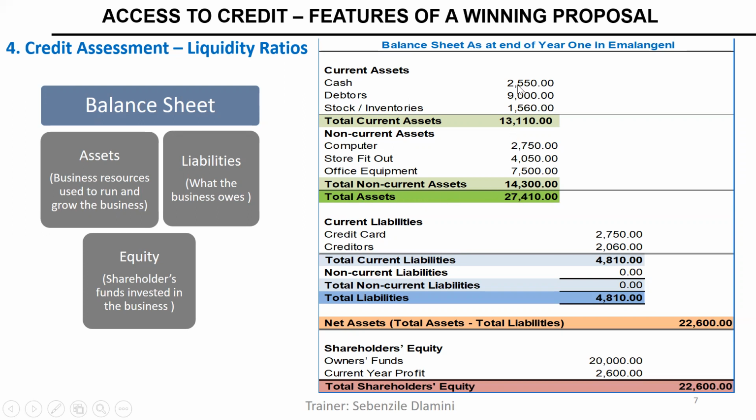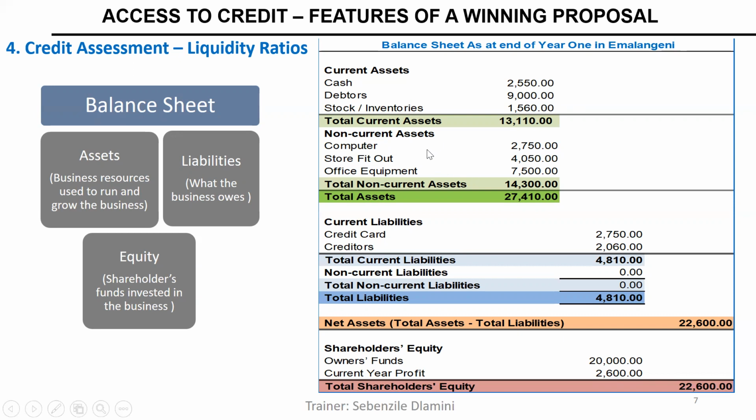Current assets include cash, debtors, and stock or inventories. Current assets are the assets of the business that can be cash or converted into cash within a period of a year or a short time period.